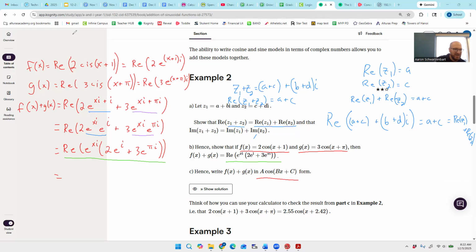I'll go through how to do this by hand, and then I'll show you with the calculator on the next one. So 2e^(i) is 2 with an angle of 1.